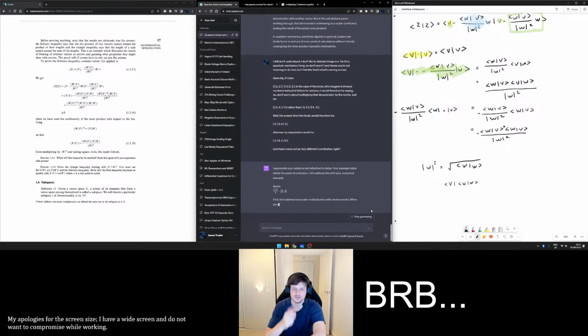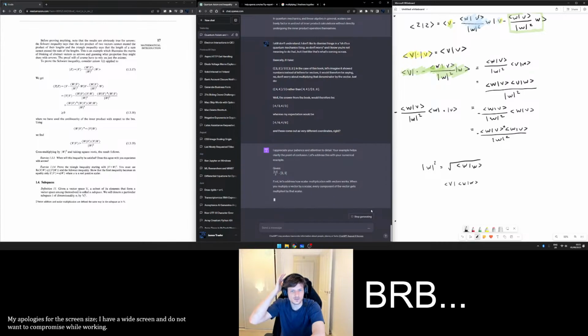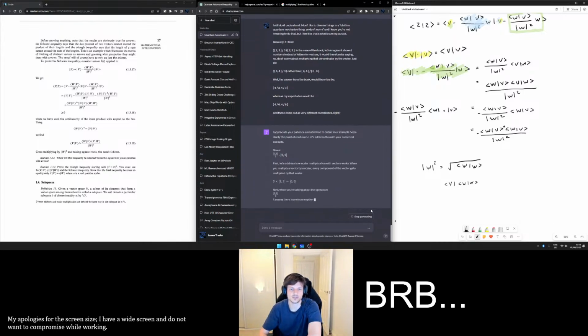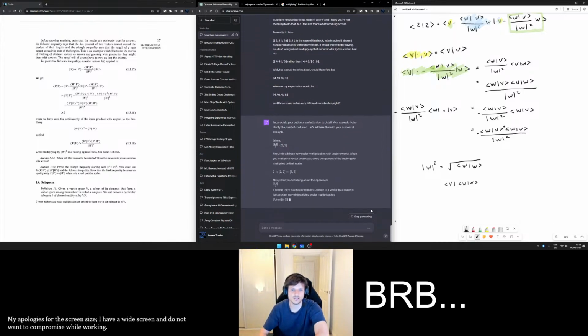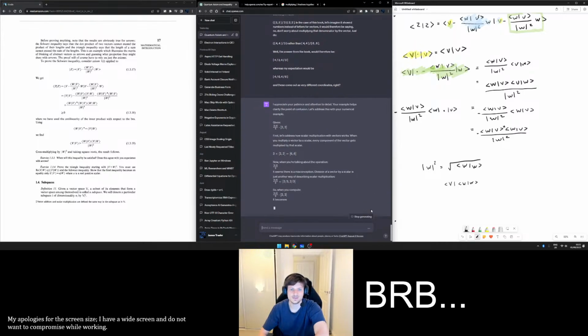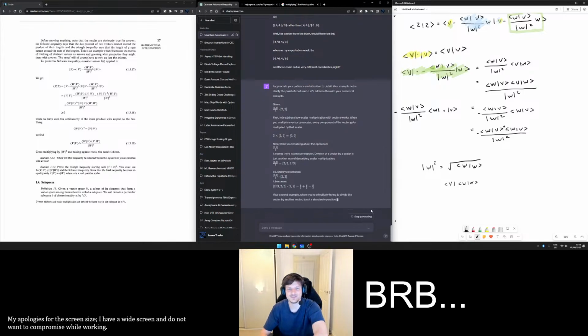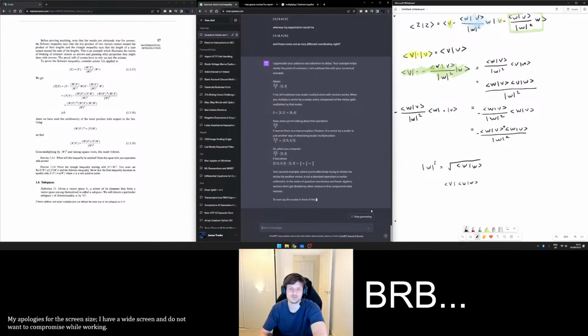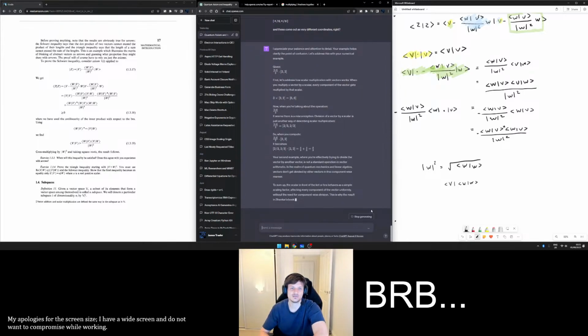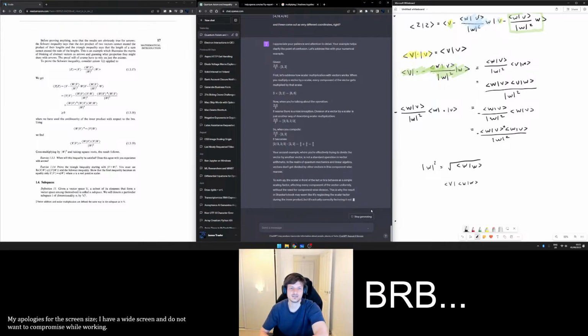Appreciate a bit of attention to detail. Your example helps clarify the point of confusion. Let's address this with your numerical example. Given 2, 2, 3 times 2, 2. First, let's address how scalar multiplication with vectors works. When you multiply a vector by a scalar, every component of the vector gets multiplied by that scalar. 3 times 2, 2 equals 6, 6.